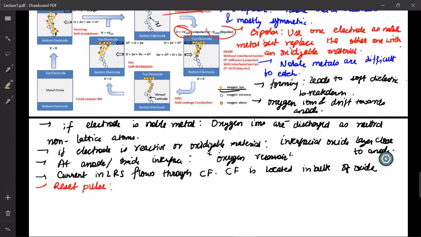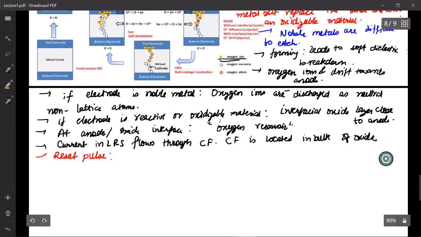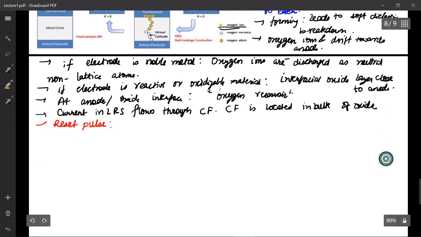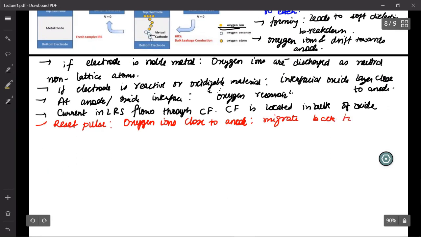So what exactly happens in reset, regardless of unipolar or bipolar, when you apply reset pulses? The oxygen ions close to the anode will migrate back to the bulk.